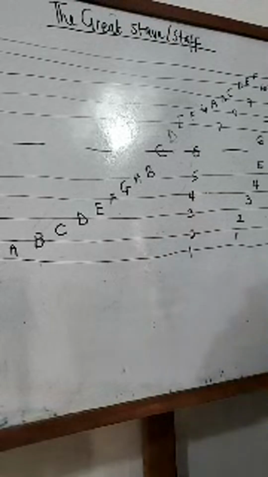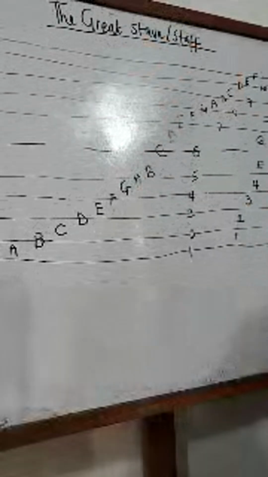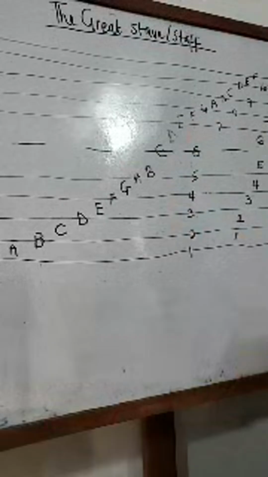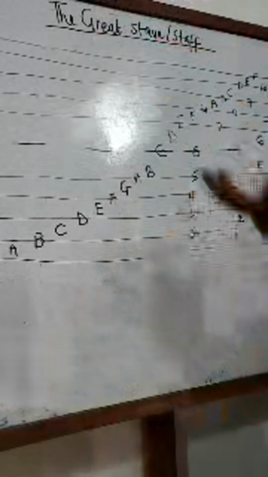So those playing pianos or playing chords make use of the great stave. And for singing, soprano, alto, tenor, bass make use of this also for voice. So for voice, all four human parts use the great stave.